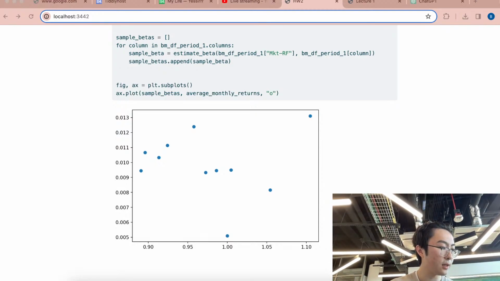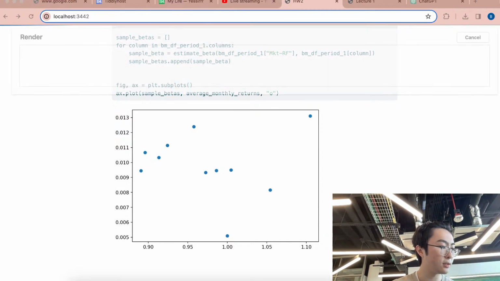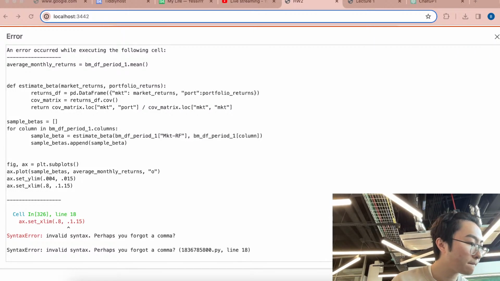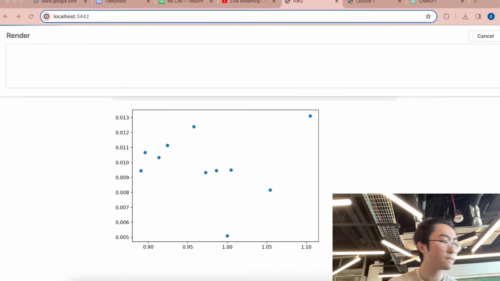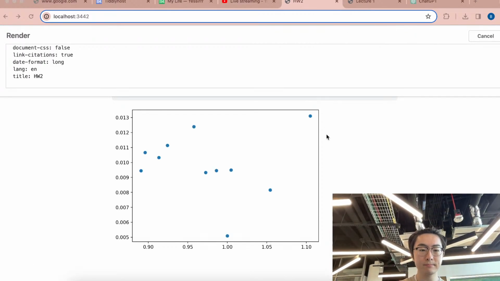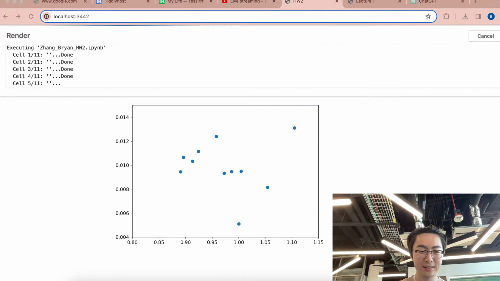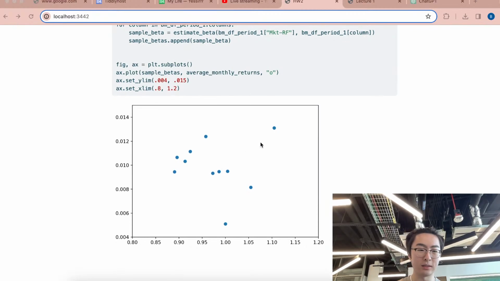Then we can set the X limit to maybe 0.8, to 0.15. Alright, that kinda did not do anything, really. Okay. Alright. There we go. That looks a little bit better.